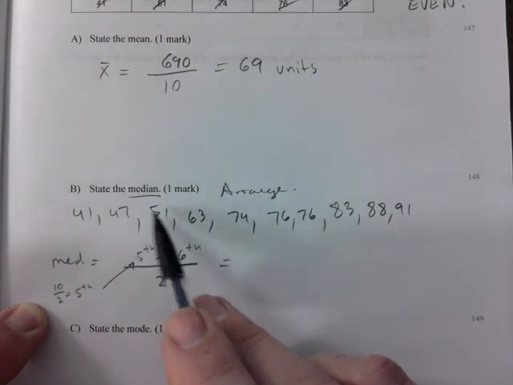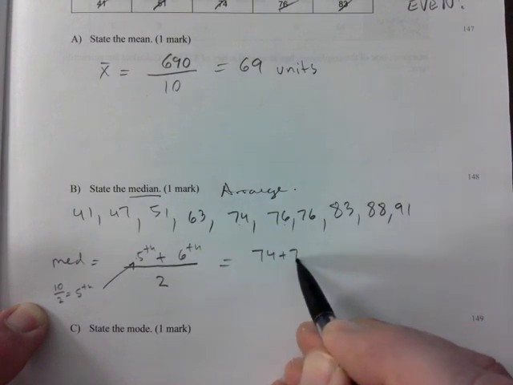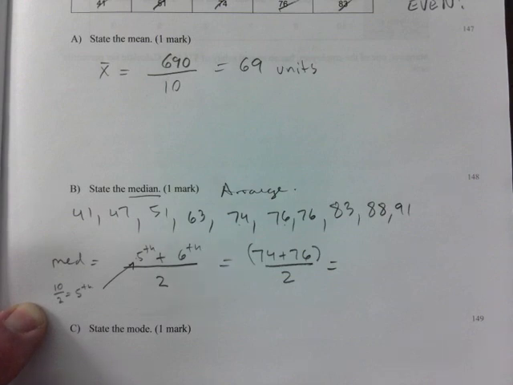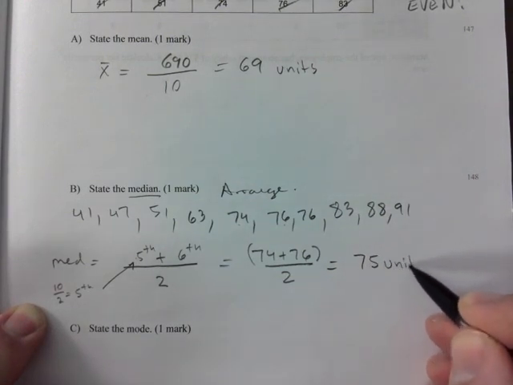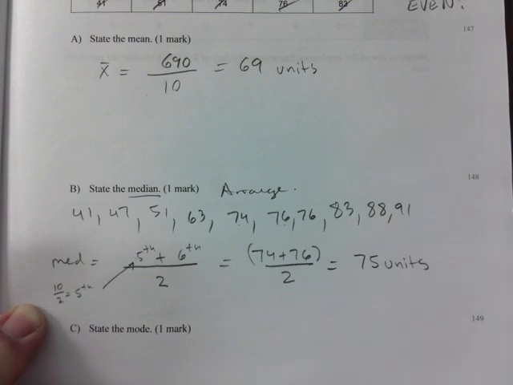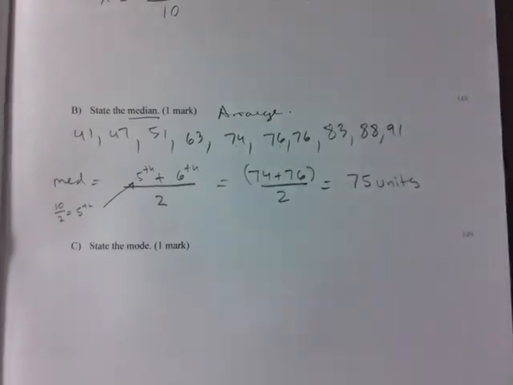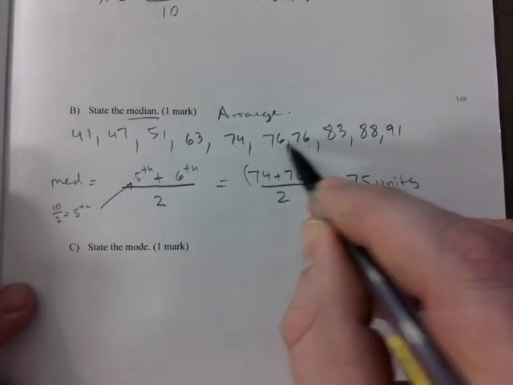So 1, 2, 3, 4, 5, and 6. 74 plus 76 divided by 2. Make sure you do the top first. And that's actually 75 units. And then the mode, that one should be easy. It's 76.